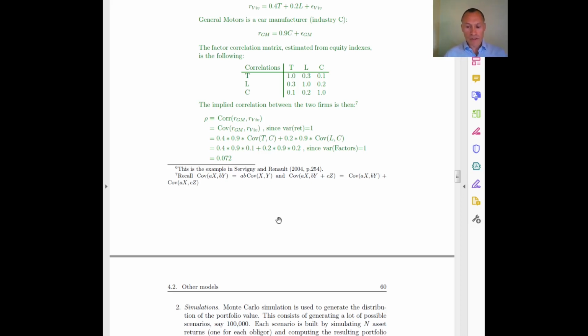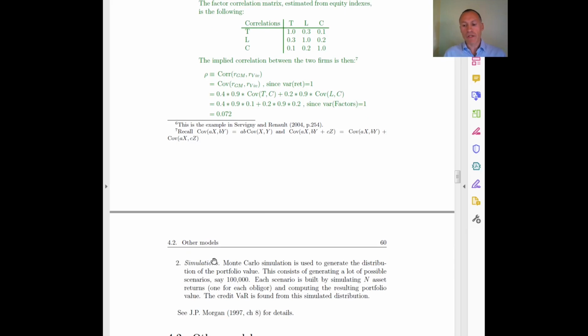Keep doing this 100,000 times or 1 million times, and in the end what we have is a big column with values for the portfolio. And then from that column we compute the value at risk, exactly like we did for one single bond.